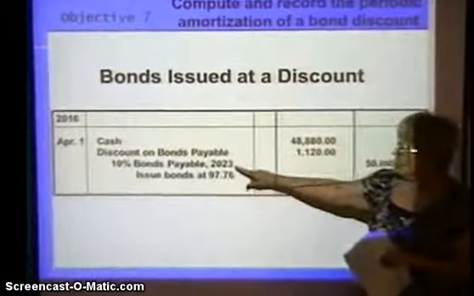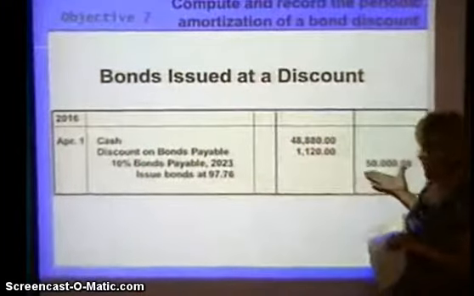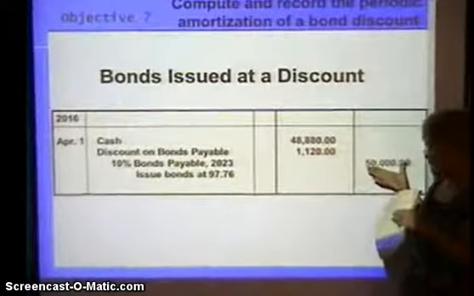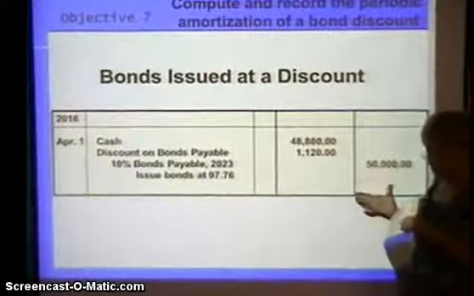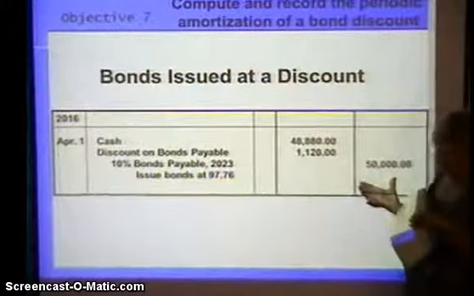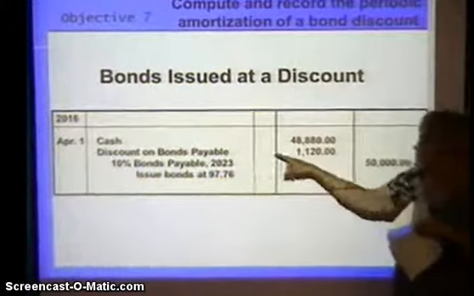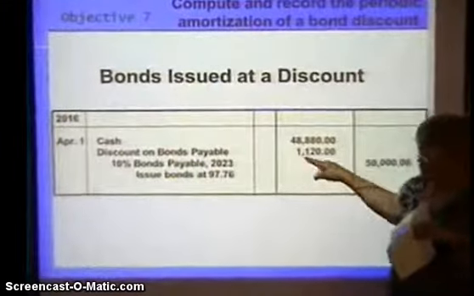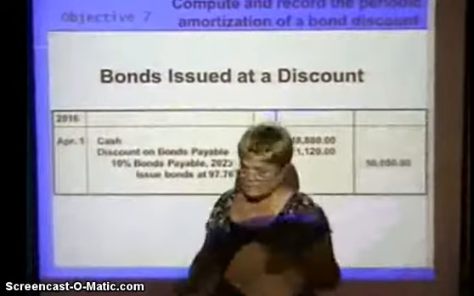All right, and then here's the amount of the bonds at their normal value. So when we had a premium, it meant we still had the bonds at their normal value, and we had the premium as an account that we had to amortize, right? And in this case, we have a discount, so we got less money than the value of the bonds. So now we've got a discount on bonds payable account.